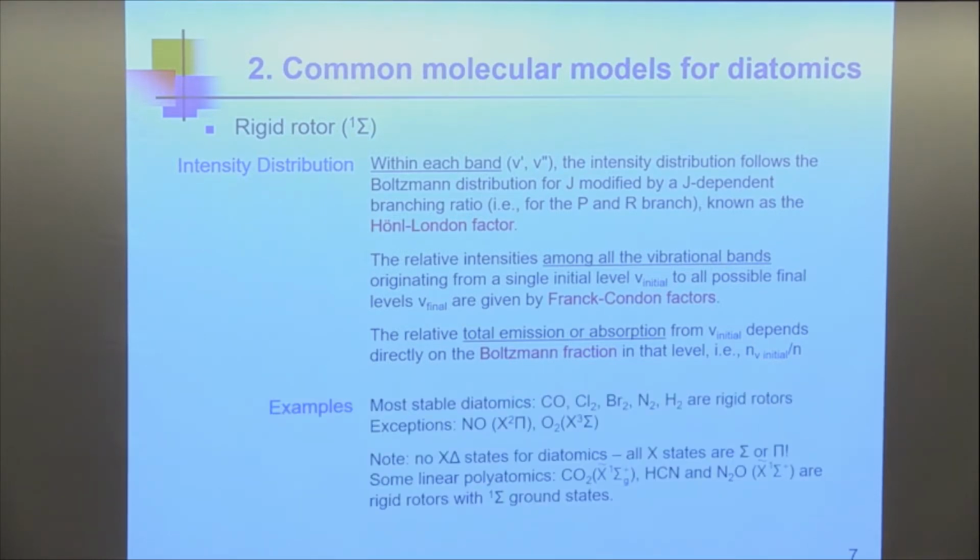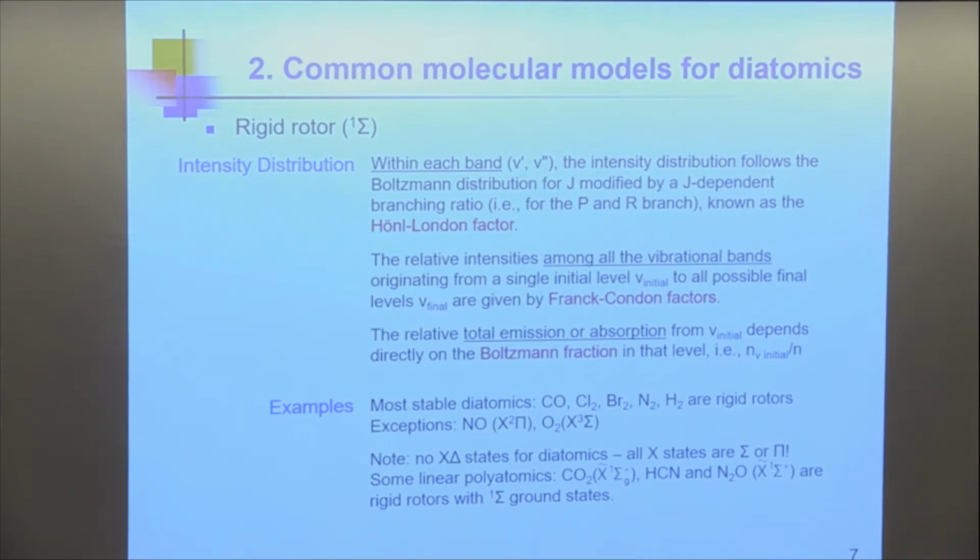So it turns out for us, fortunately, we're doing diatomics. We're mostly doing stable diatomics, whereas OH or NH would be unstable. They're not stable molecules. But if we have a stable molecule, it's carbon monoxide, chlorine, bromine, nitrogen. Turns out they're all rigid rotors. We're lucky.